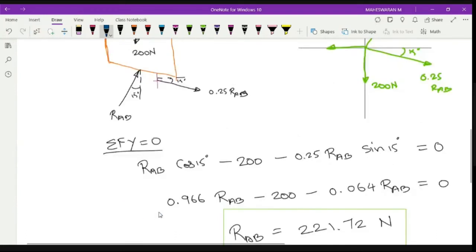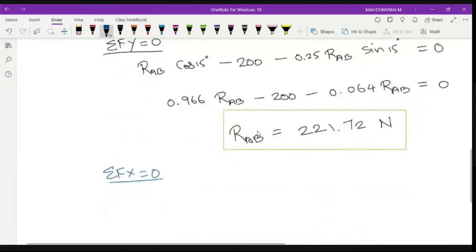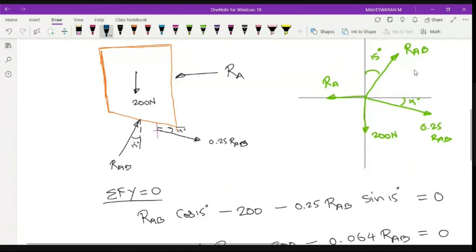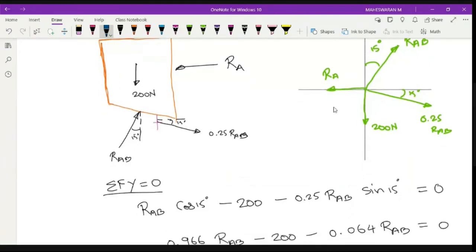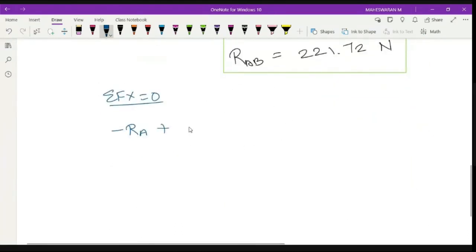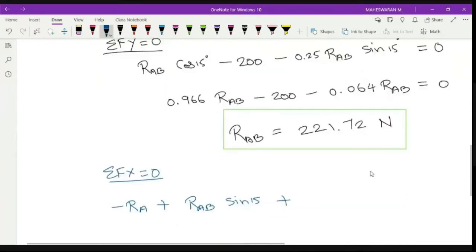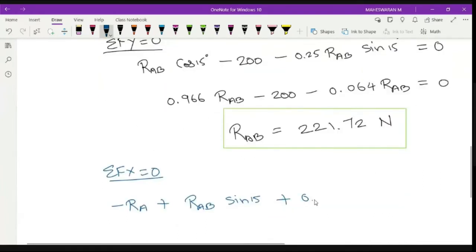If I consider sigma Fx equal to 0, minus RA plus, bringing this to the x-axis, this is increasing, so RAB sine 15 plus this one, 0.25 RAB cos 15.